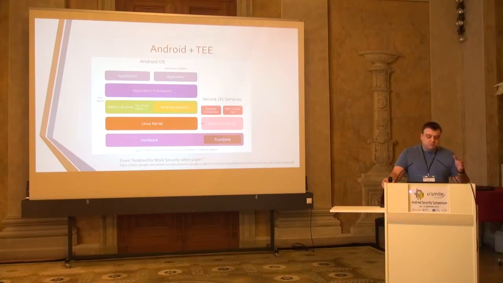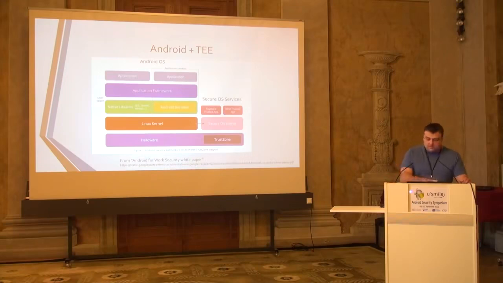And of course, this being a secure OS, it is still basically a bunch of C code, and there have been, and probably there will be other vulnerabilities and ways to exploit it.